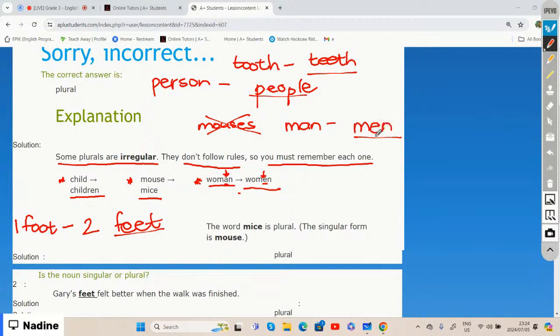And the last one would be one goose. One goose, right? But a group of what? One goose is an animal, but there's lots of what? One goose, but a group of.